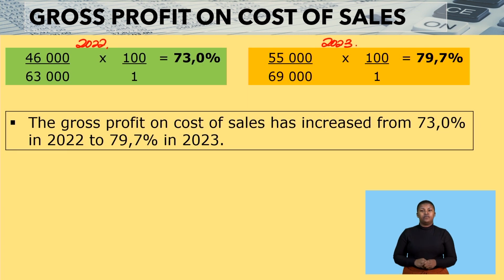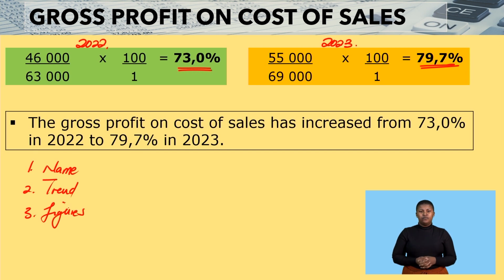So I see that there is an increase here from 73% to 79.7%. When I now comment, including my comparison in there, I have to touch 3 aspects. That is the name, number 2, the trend, number 3, figures.